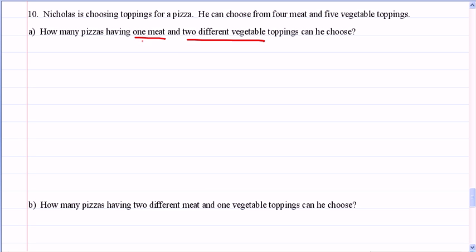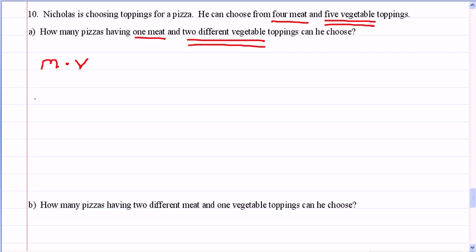So we are choosing 1 meat from a selection of 4 possible meats. We are choosing 2 vegetables from a selection of 5 different vegetable toppings. So we want to take the combination of our meats and multiply it times the combination of our vegetables.